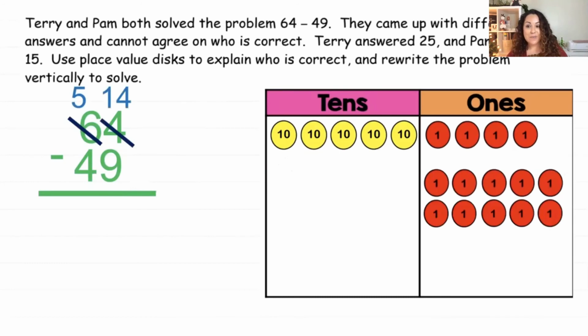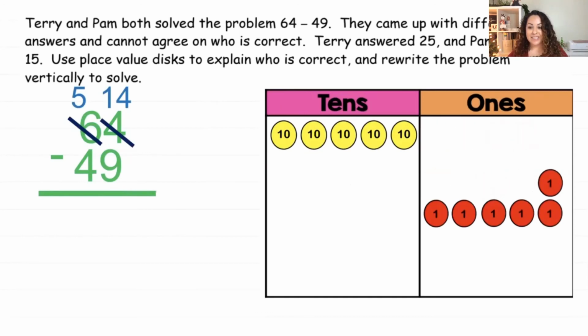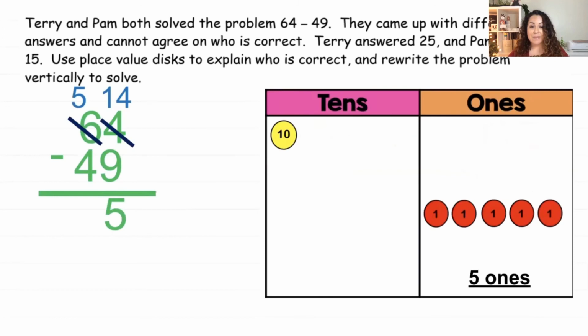I have 14 ones. So 14 take away 9 is equal to 5 ones. So you could see that both Pam and Terry got 5 ones, but let's go ahead and see the tens. 5 tens, let's take away 4 and I'm left with 1 ten.